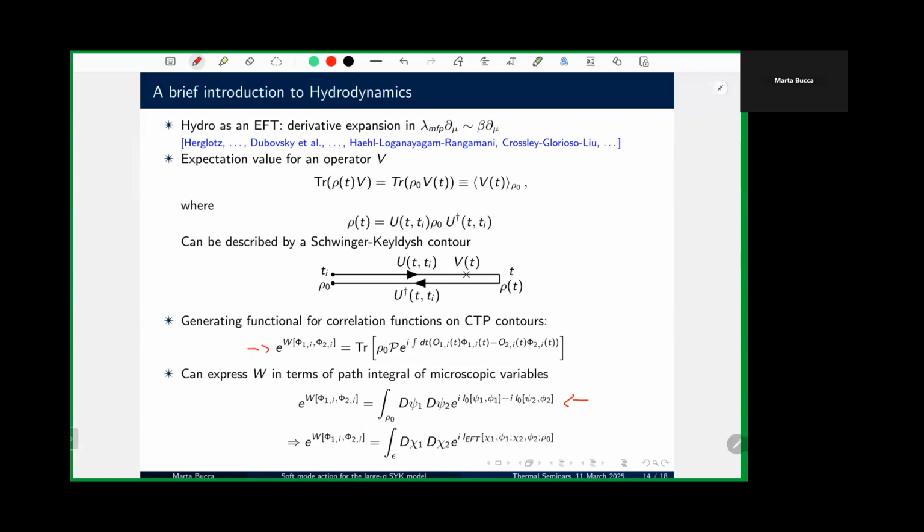And now you can separate UV and infrared degrees of freedom and integrate out your UV dependence. And you're then left with this path integral over the infrared degrees of freedom, psi1 and psi2, and an effective action, this EFT that we have here. And this is how you can construct hydrodynamics as an EFT rather than just writing down equations of motion.